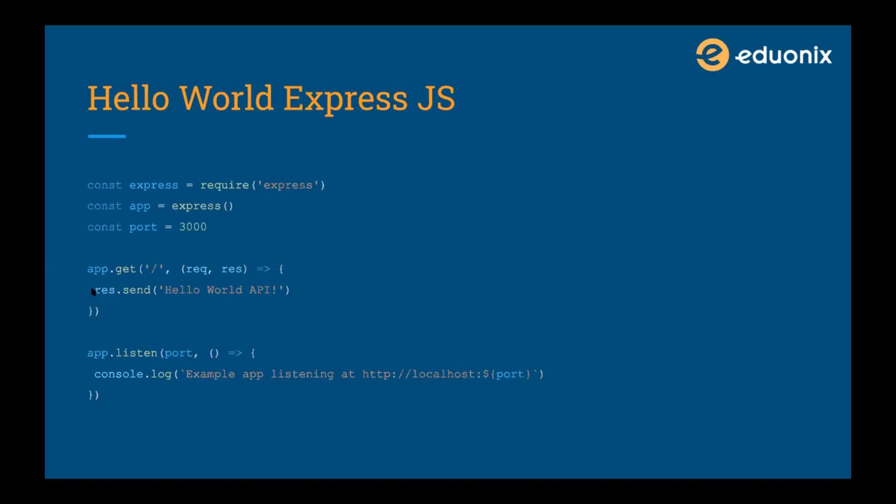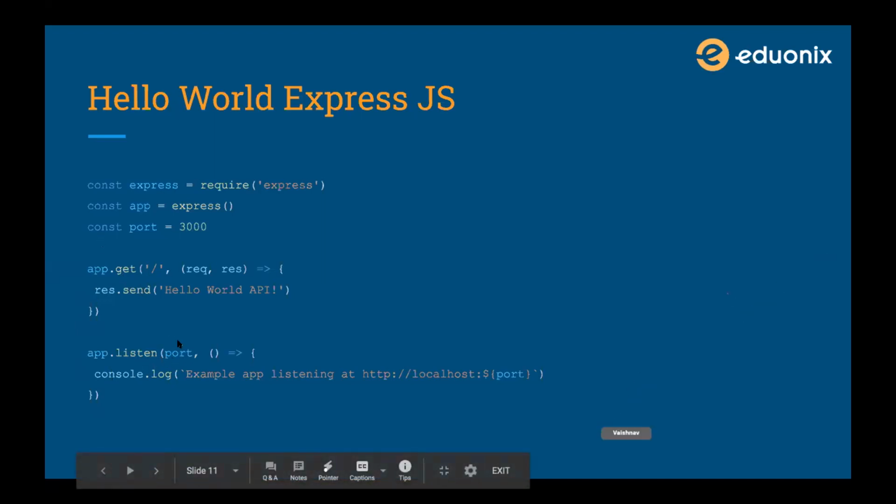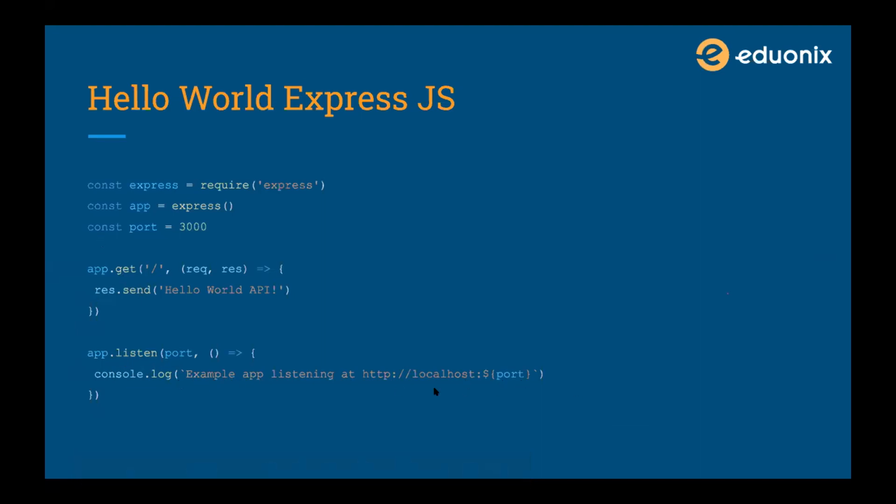But in order to let the server know that this is my request, you say app.listen. What listen does is it says listen for any request coming on this particular port. And whenever a request comes on this port, simply console log and pass on this particular message.